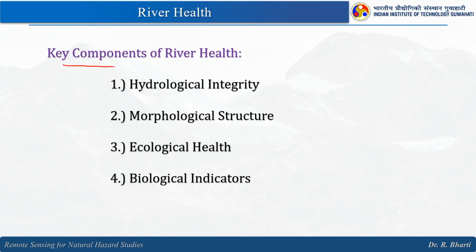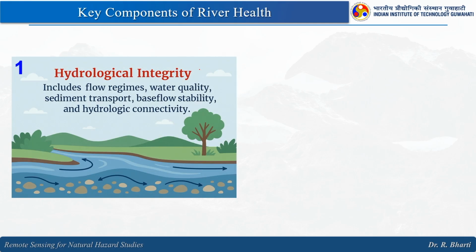The key components of river health are hydrological integrity, morphological structure, ecological health and biological indicators. Let us see them one by one. Hydrological integrity includes the flow regime, water quality, sediment transport, base flow stability and hydrological connectivity.